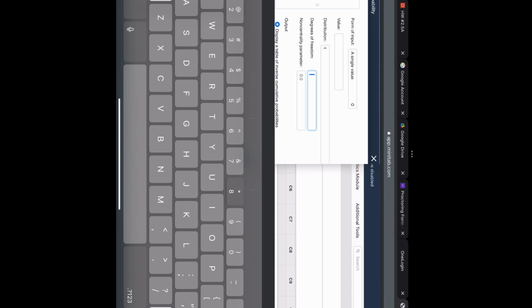On Minitab, I go to calculate, probability distribution, inverse T. Degrees of freedom is 8. Value is 0.999. Hit enter.